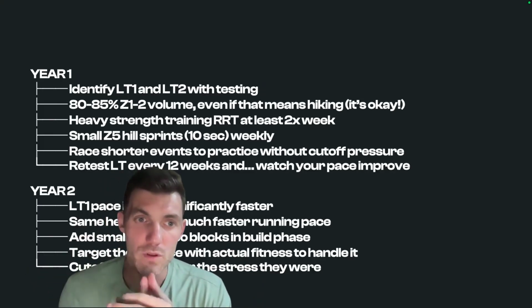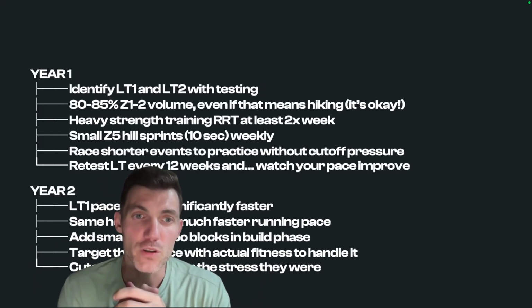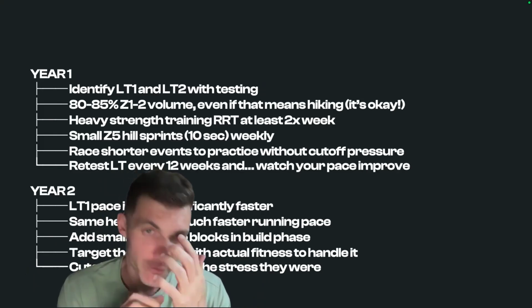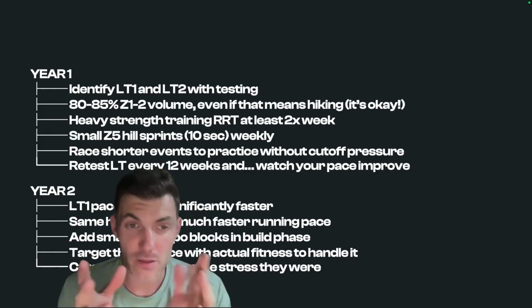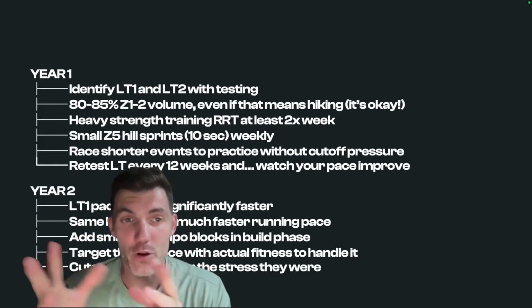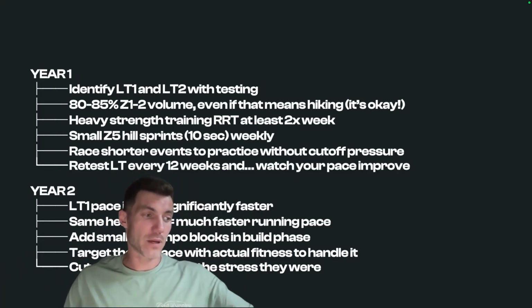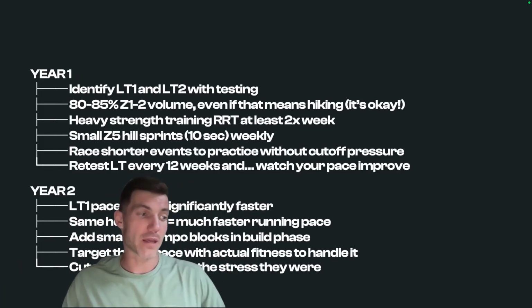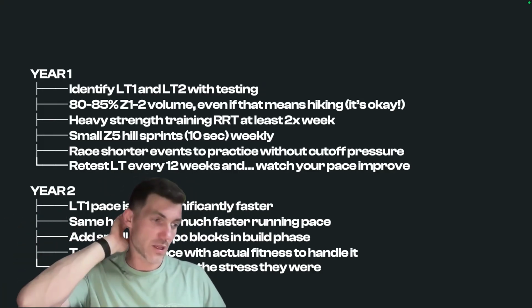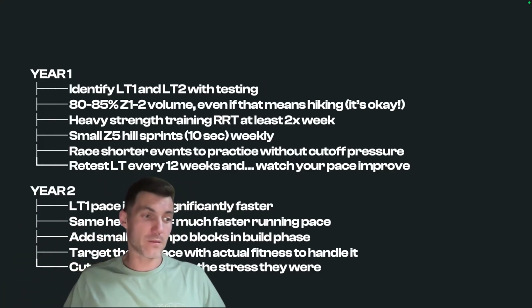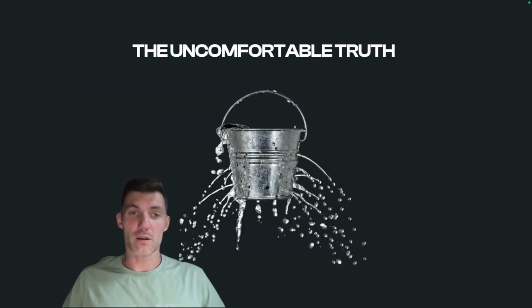You add a small dose. You do shorter races to practice running without the cutoff pressure, and retest LT1 and LT2 every 12 weeks and see how your pace improves. And then year 2, LT1 pace is now better, same heart rate, much faster running pace, add small zone 3 tempo, and cutoffs are no longer a stress.